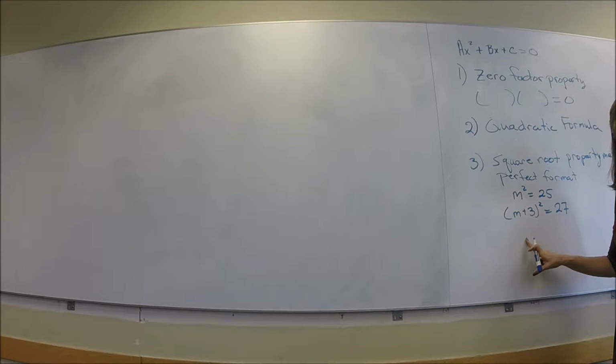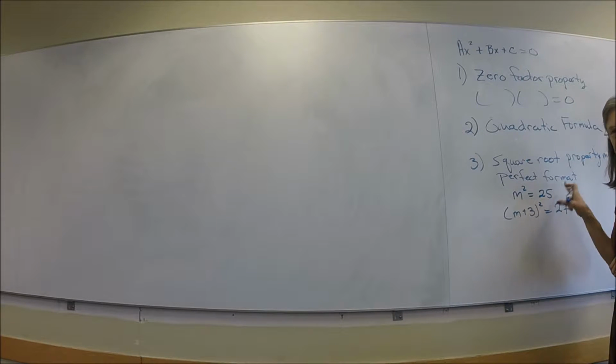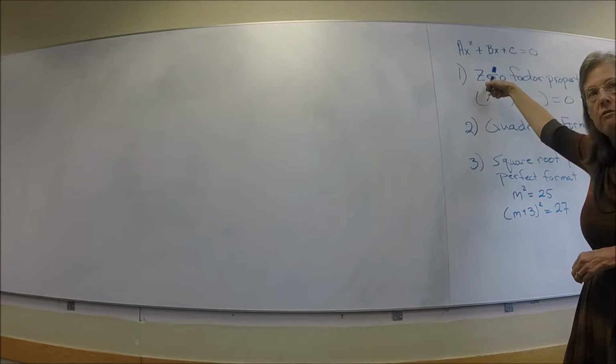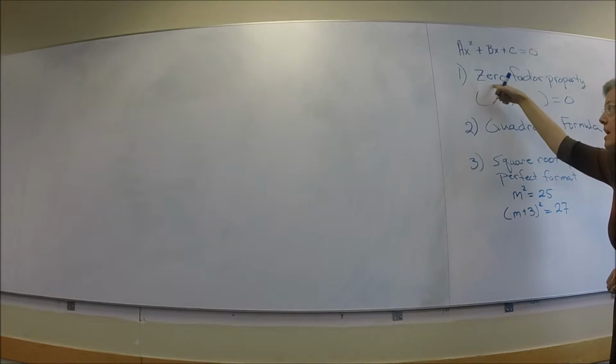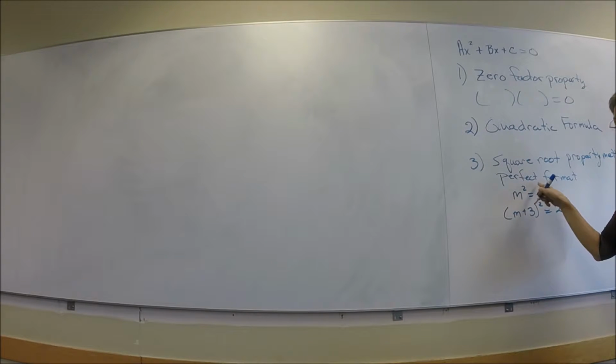If it's already in this format, then use the square root property method. Okay, I'm going to say this one more time. Always, always, always try factoring first. If that doesn't work, use the quadratic formula. Only use the square root property method if it's already in the perfect format to do that.